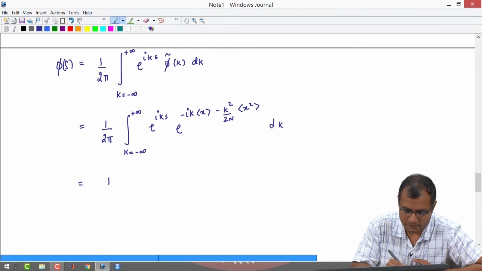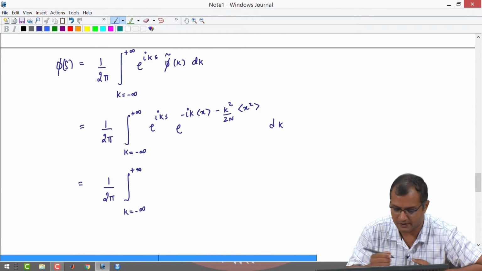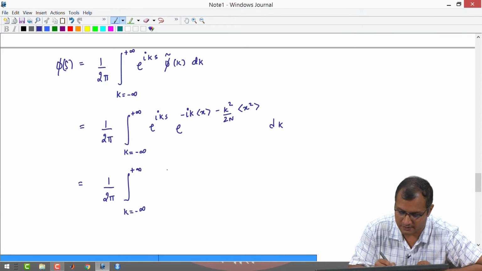Just need some manipulations here, which are very simple. So you write this again as the integral from minus infinity to plus infinity, and you can see that this is easily written as e raised to minus i k into mod x minus s.